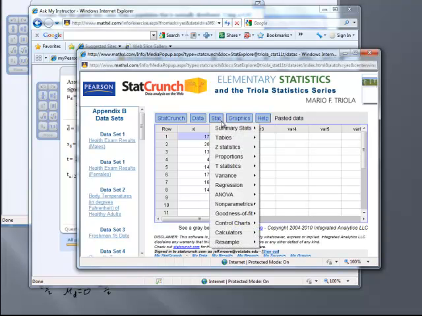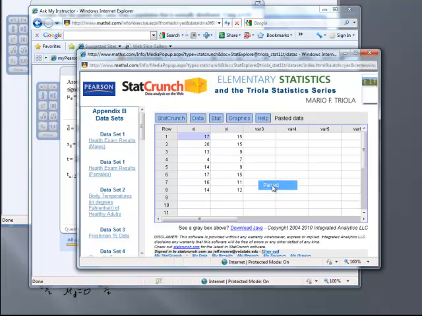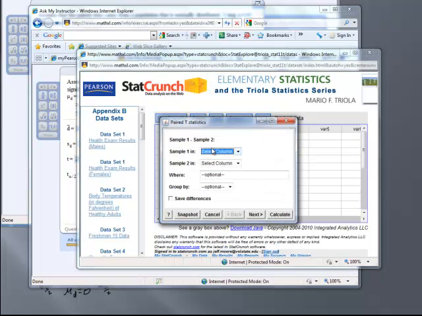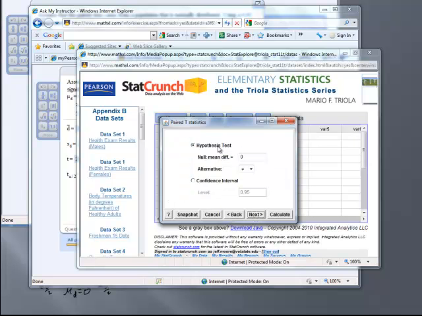Now, since these are paired data sets, I'm going to go to t-statistics, paired, sample 1 will be X, sample 2 Y, and hit next. Now we're doing a hypothesis test. The problem told us that the mean difference is 0.